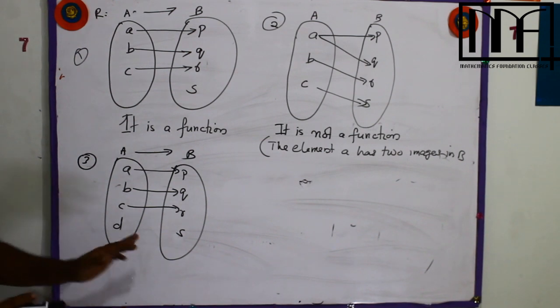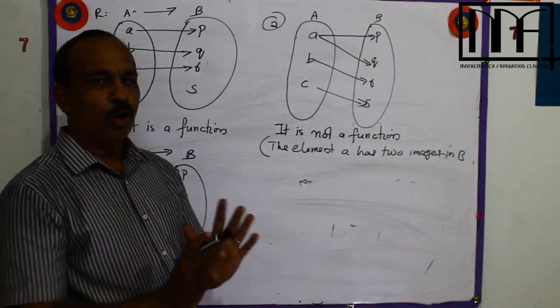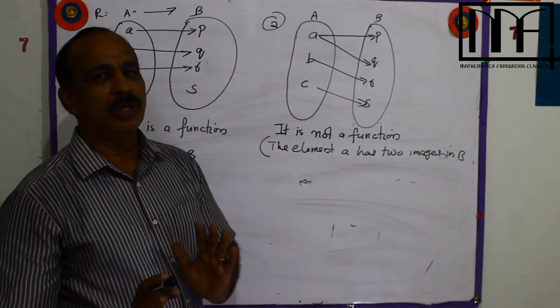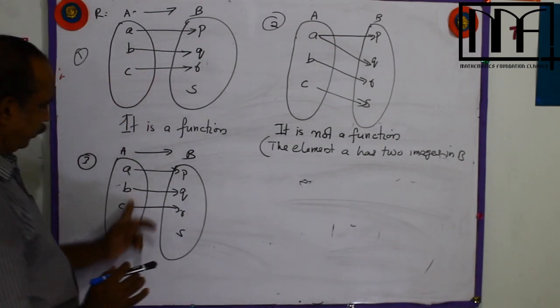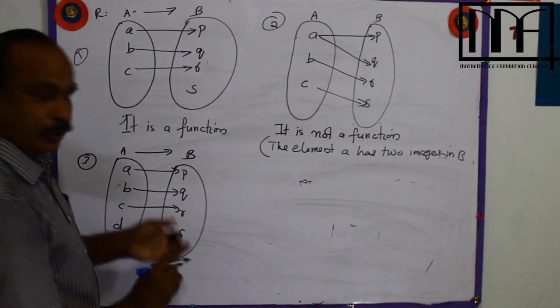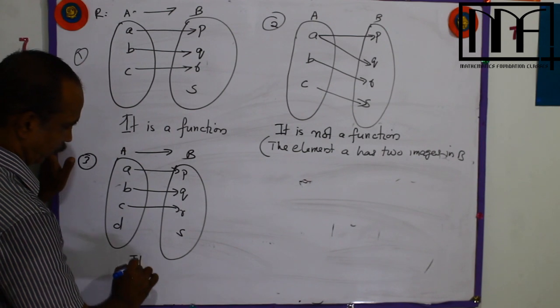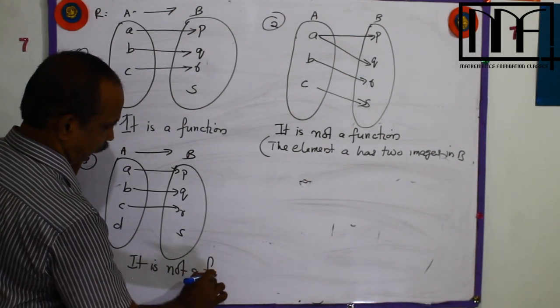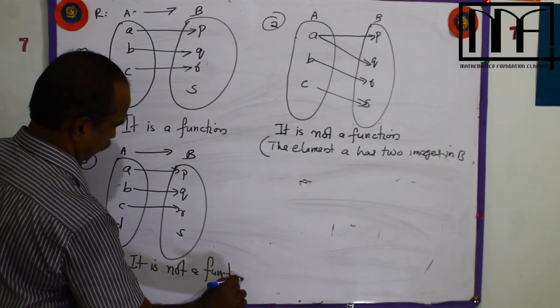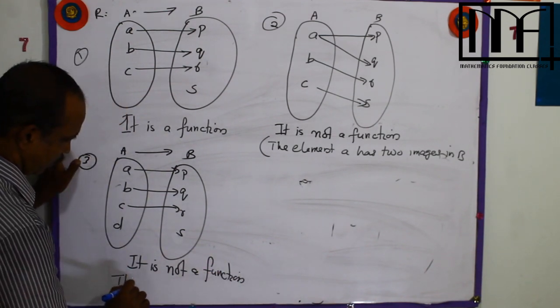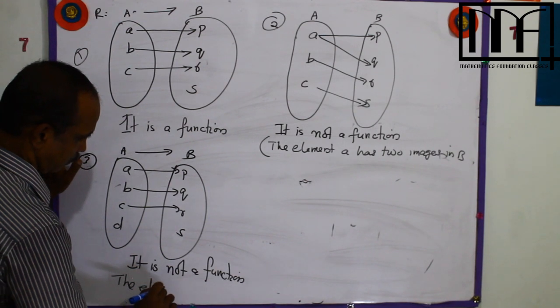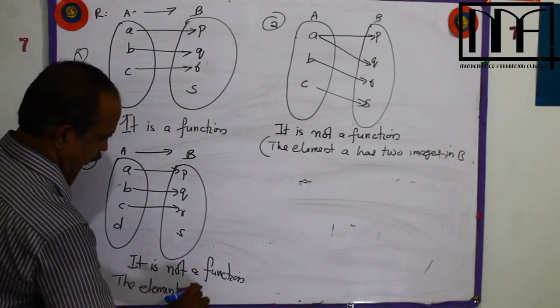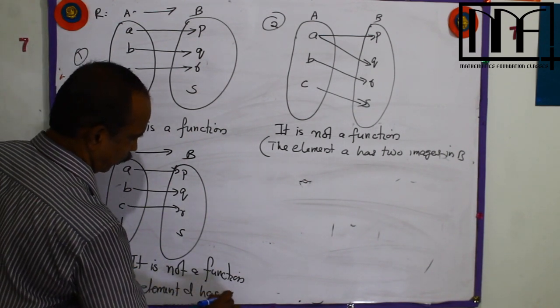As per the definition, all the elements in A should have an image, which is not satisfied here because the element D is not used. Therefore it is not a function, because the element D has no image.